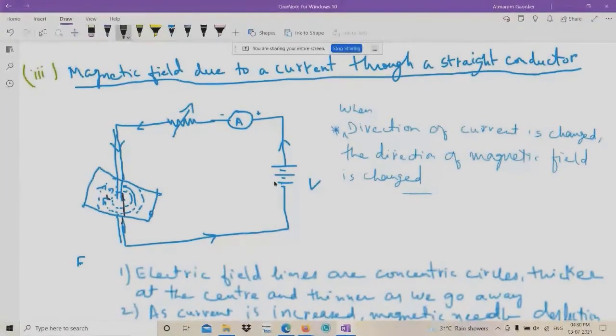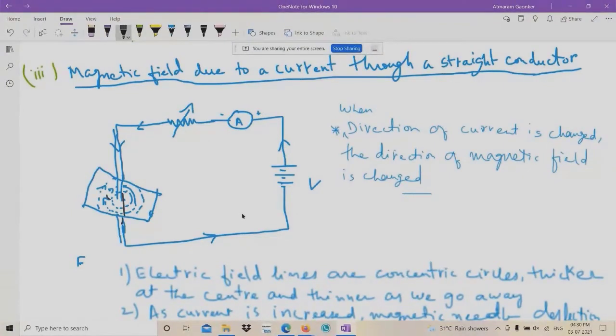One point to remember: round a straight conductor, the magnetic fields are concentric circles, thicker near the conductor, and as we go away, they become thinner.